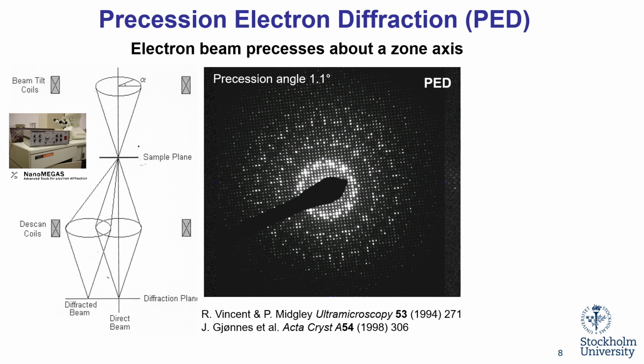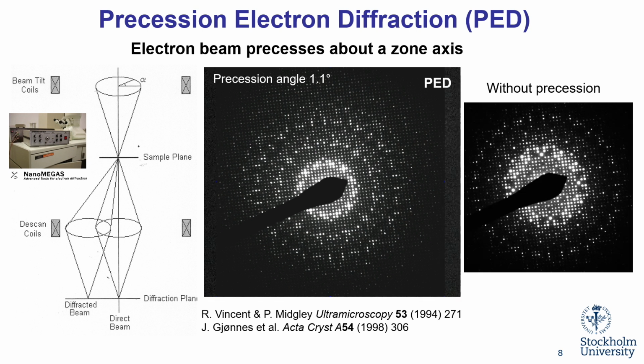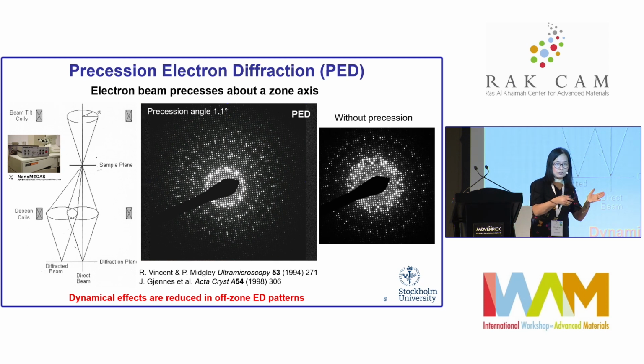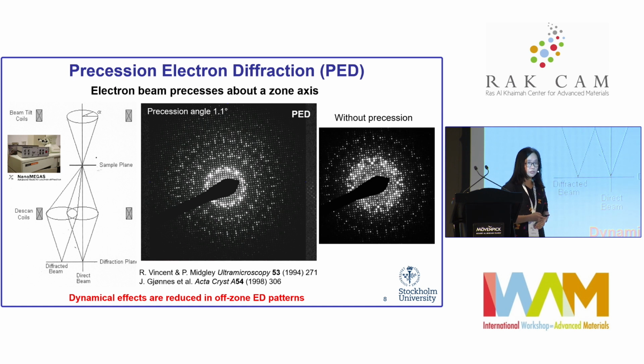They found that, compared with normal electron diffraction without precession, the intensities are much better, so more kinematical. This has been important. The dynamical effects are reduced if you take diffraction from off the zone axis. And this gives hope for the electron crystallography community.